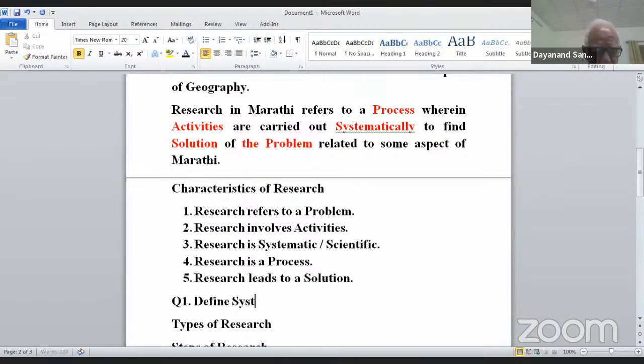Define systematic activity. Or what is a systematic activity? If you don't want this, you can write what is a systematic activity. Anyone like to give me the answer?